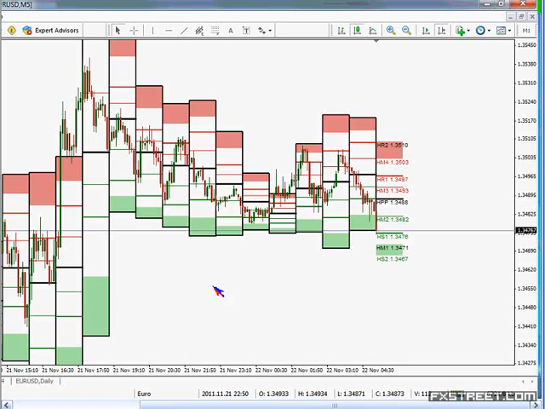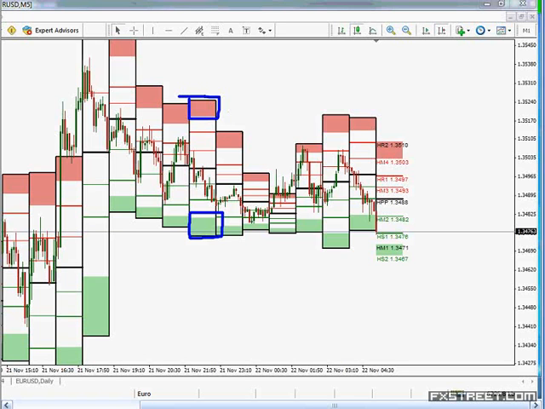Say if you're short and you hit support, like a green area, for example, that I'm just highlighting here on the chart, if you hit support, you're going to get profit taking. Likewise, if you hit a red area. And that's probably the main area that they use them as traders, right?